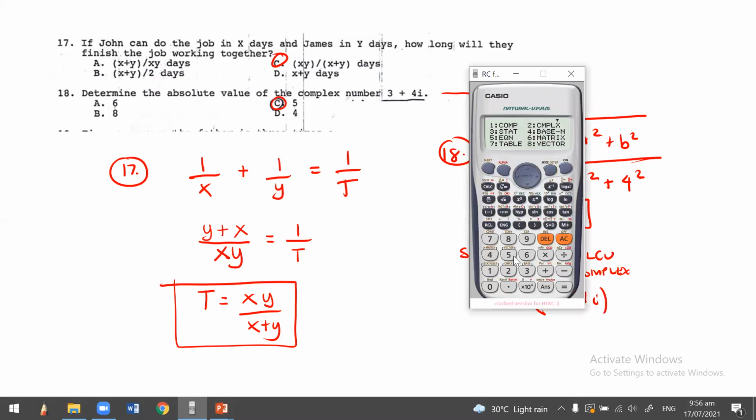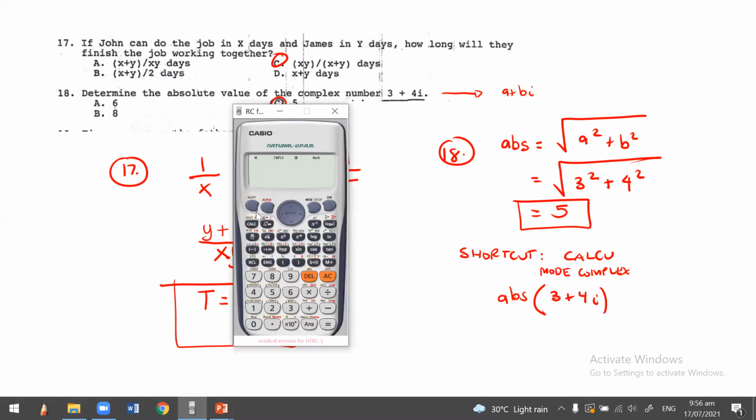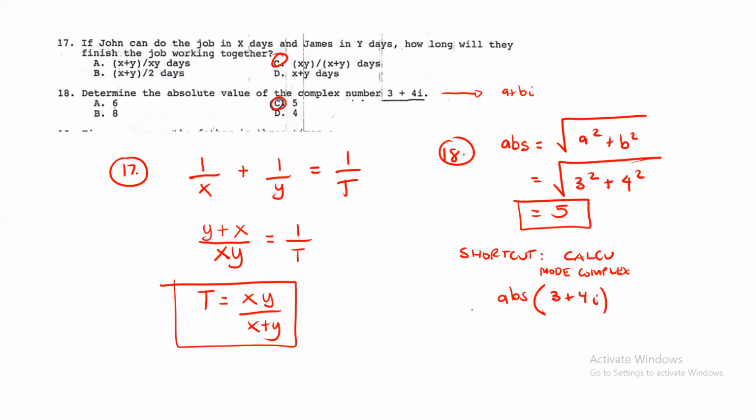Mode complex. Shift, hyp, ito yung tinatawag nating abs, ito yung absolute value. So, abs 3 plus 4i. Sagot dyan is 5.